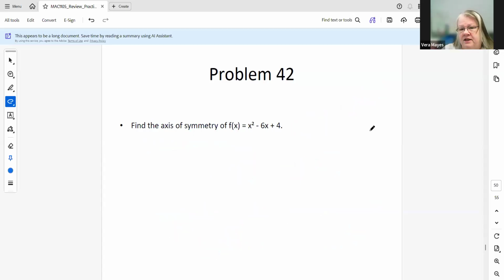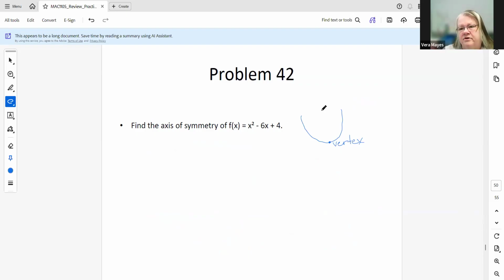Okay. The nice part about that quadratic formula is we use parts of it so many ways. If we want to look at the axis of symmetry, here's a square again. We know it's smiling because it's a positive coefficient. We talked about the vertex as being the actual bottom or the top.